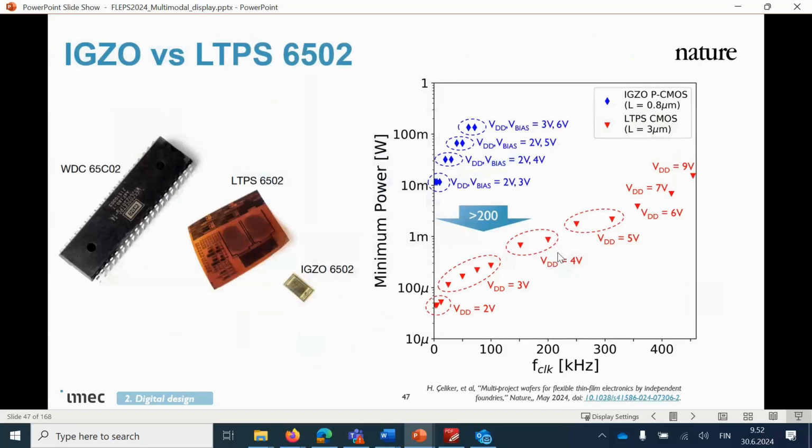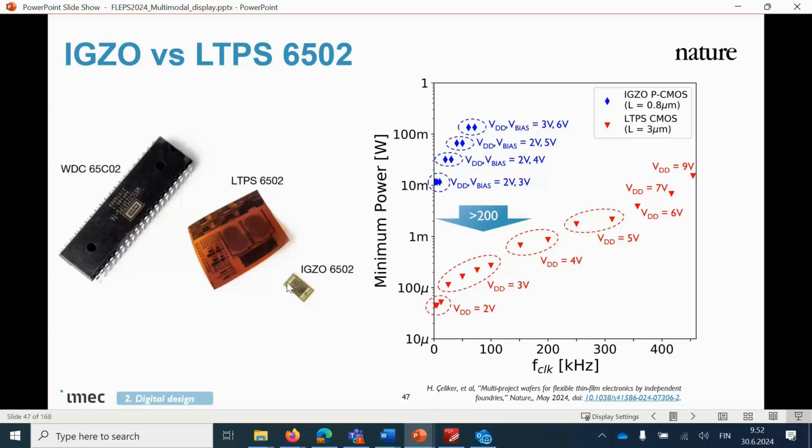We had 2 implementations, one with LTPS and one with IGZO. And you see the comparison here of the power to the speed. You get, let's say, 10 times and even more speed, and 200 times lower power from using LTPS technology.